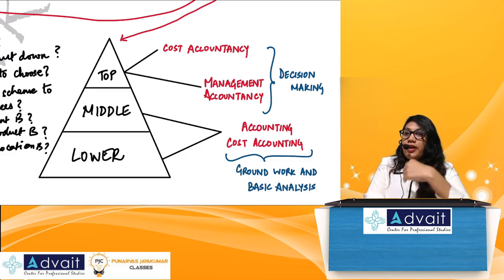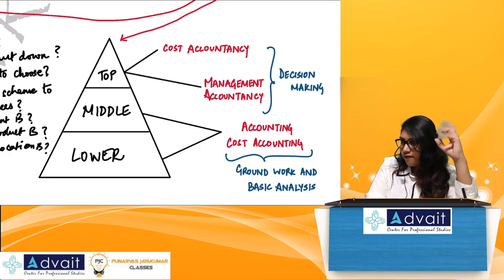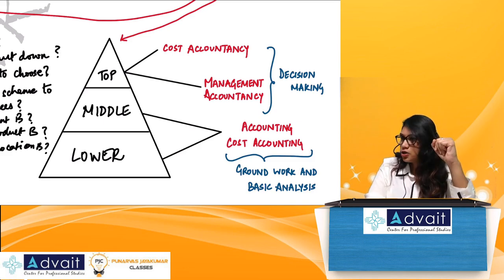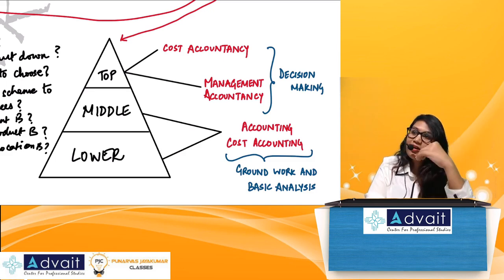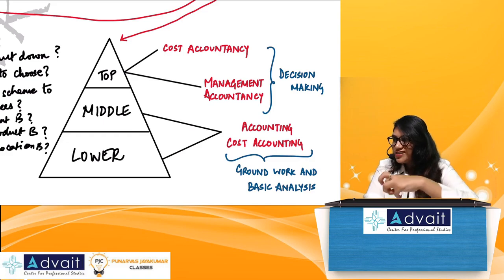But if you're going to be part of the management team, the CFO level, taking important financial decisions of the organization, then you will be part of the top level management, taking care of the decision making process, which means you will be applying cost accountancy and management accountancy. Guys, is this okay? Everybody? So this is how it fits in.